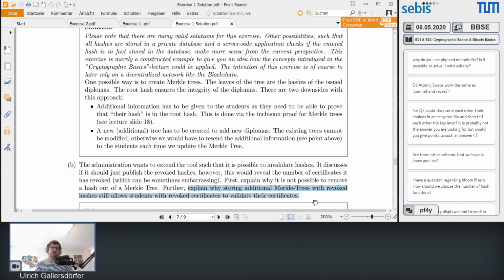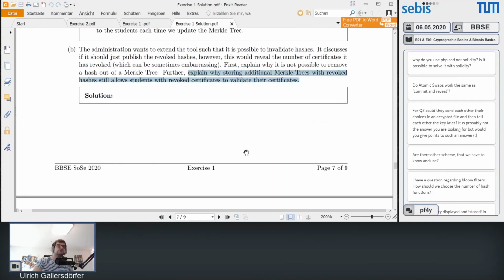Because you would have to provide this proof of membership to the student who has his certificate revoked. So this student could just omit this information, say, okay, I'm not giving this out to another party, and the third party would have no way to check if it's actually in the Merkle tree or not. So that's the reason why we cannot use Merkle trees for revocation purposes here.